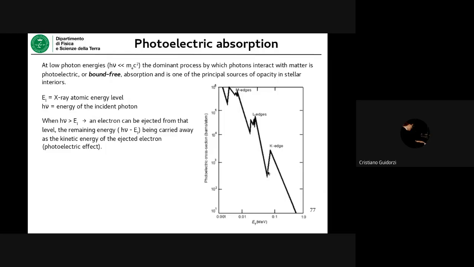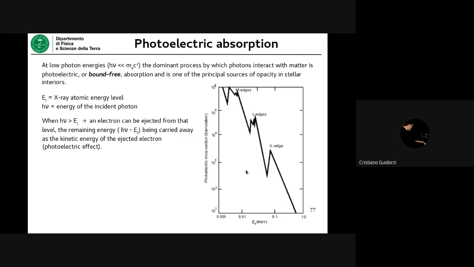As soon as you have more energetic photons, photons which are energetic enough to eject the electron, you have a corresponding increase. And this kind of discontinuity just reflects the fact that you now consider photons which are just above the threshold. And the energy threshold is nothing but the binding energy of the corresponding shell.